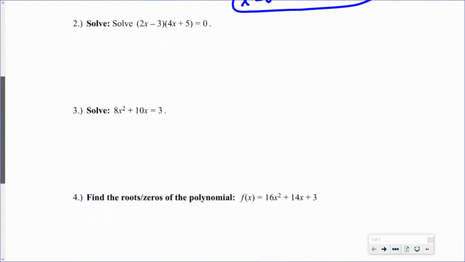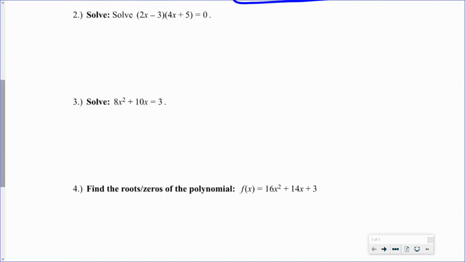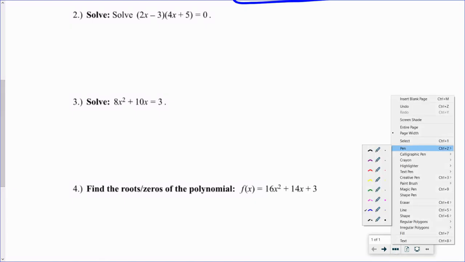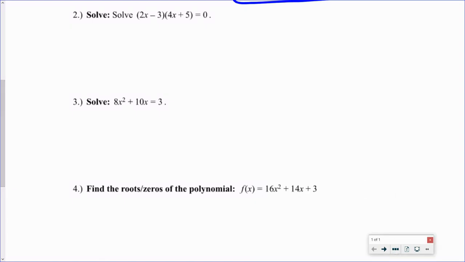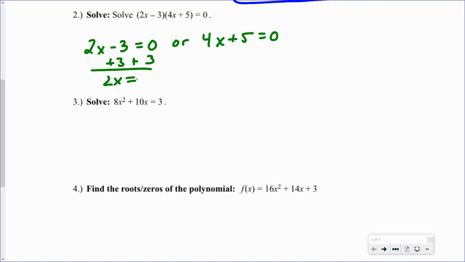Now let's take a look at the second example. 2x minus 3 times the quantity 4x plus 5 equals 0. Now at this point in time, you should be able to solve an equation like this pretty easily. Again, we're going to apply the zero product property here, so we're going to set each factor equal to 0. And then we'll solve those equations. So we'll add 3 to both sides. We get 2x equals 3.